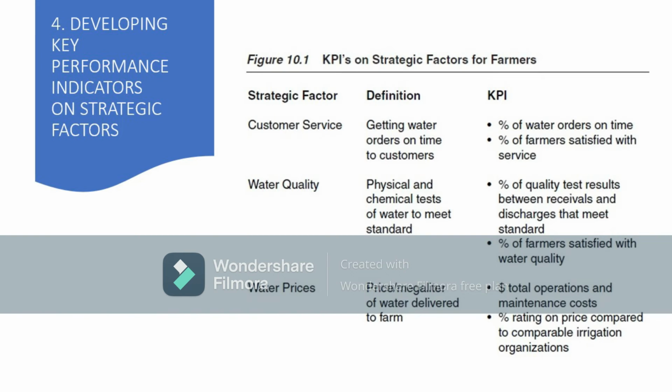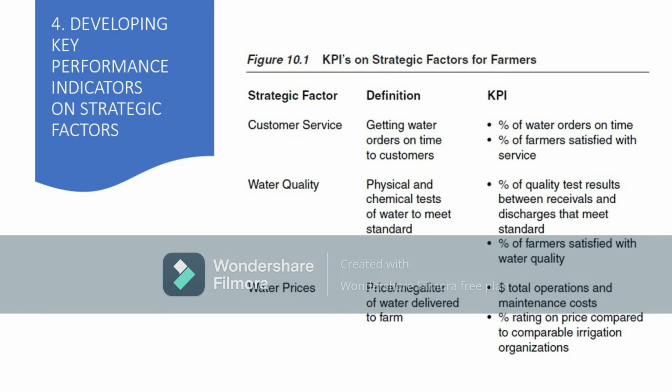Step 4. Developing key performance indicators, KPIs, on strategic factors. It is certainly obvious how important it is to get inside the head of your key stakeholders, like we described in step 3. Once you do, you see the world from their perspective.